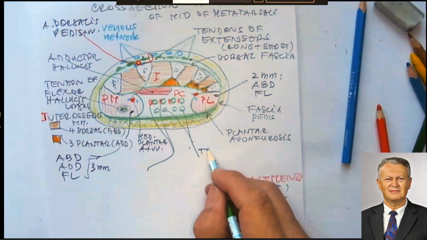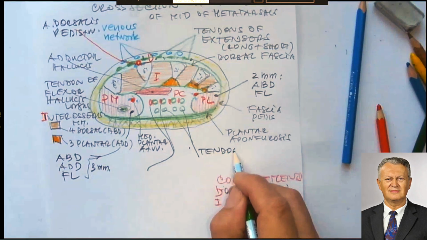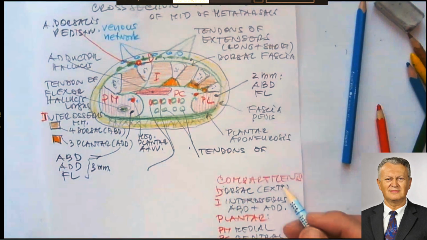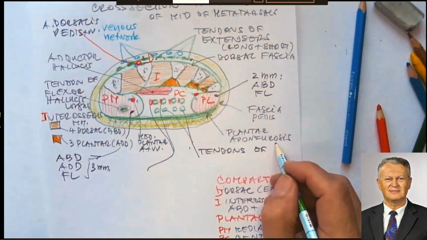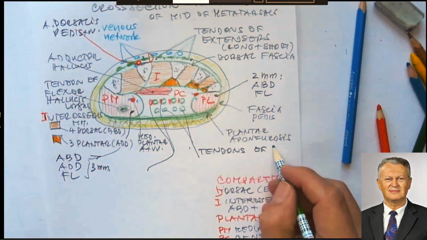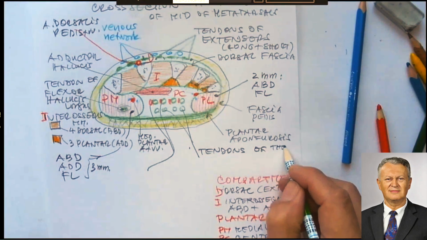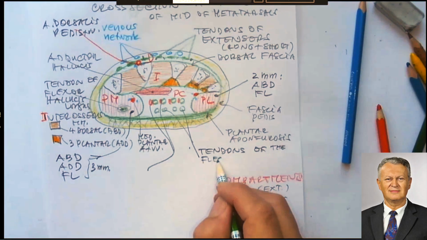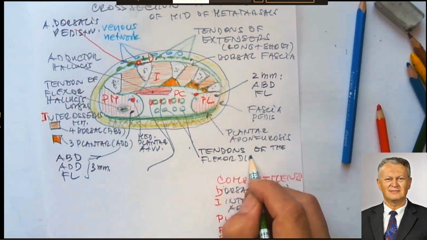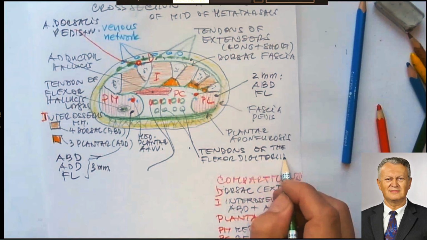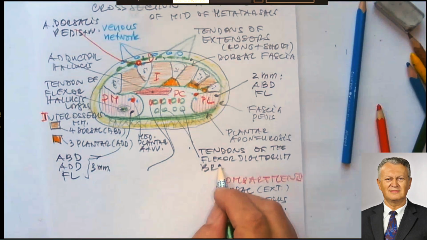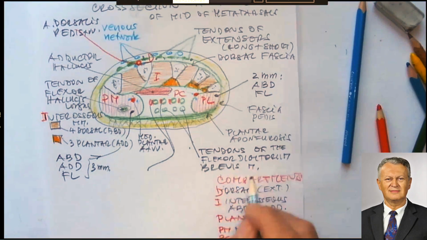Concerning the superficial muscles, there are the tendons of the flexor digitorum brevis, short flexor muscle.